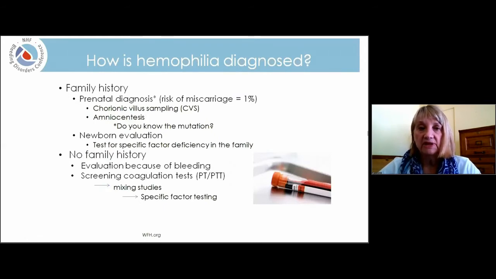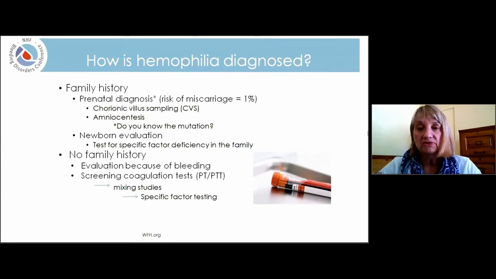How is hemophilia diagnosed? Well, it's a little different if you have a family history versus no family history. If you have a family history, prenatal diagnosis or diagnosis in utero is possible. It can be done two ways, through amniocentesis or through chorionic villus sampling. These procedures do carry a 1% risk of miscarriage.